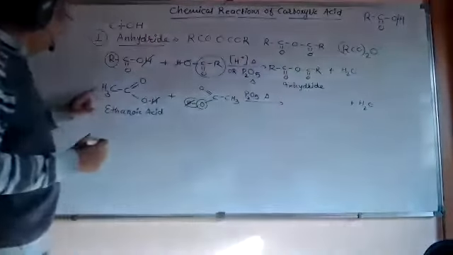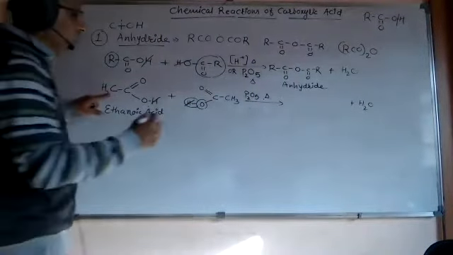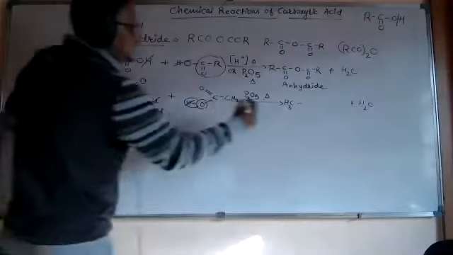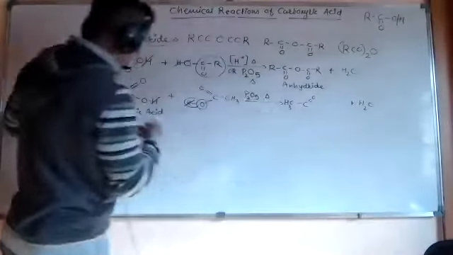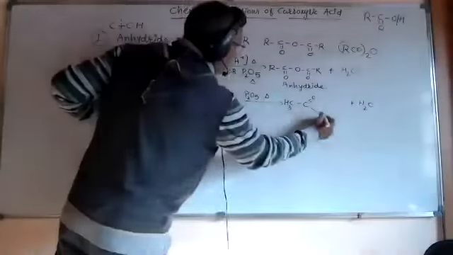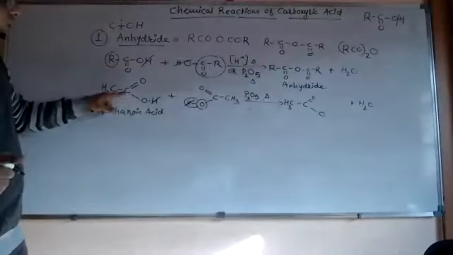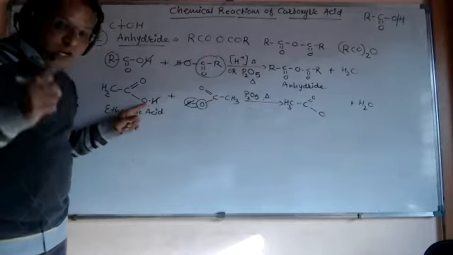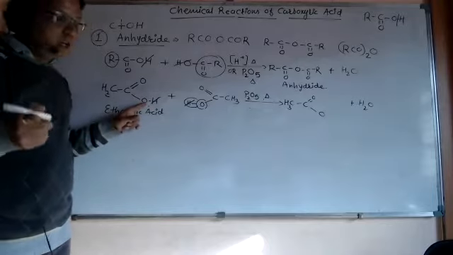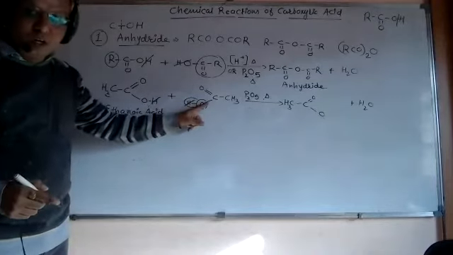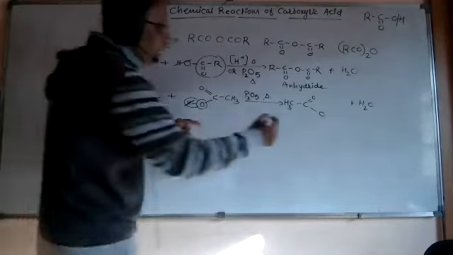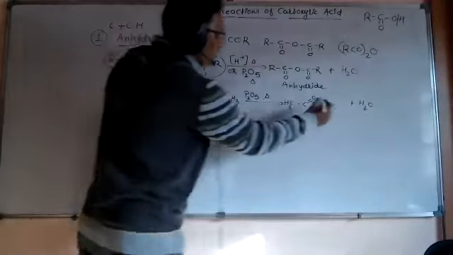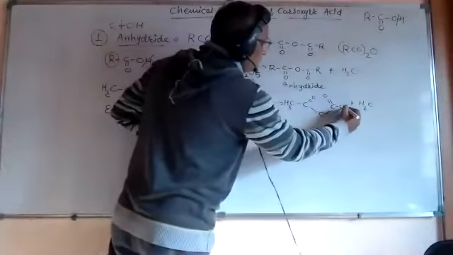What is left part? The left part is CH3, then C double bond O. This is one more oxygen. Now, friends, this oxygen's hydrogen is removed. That's why its valency is unsatisfied, and that's why this bond will directly join with here, C, this is CO and CH3.